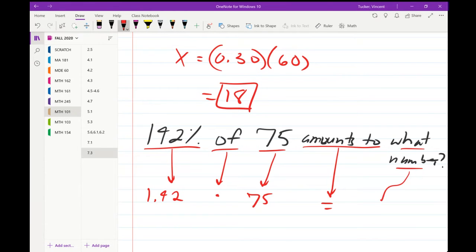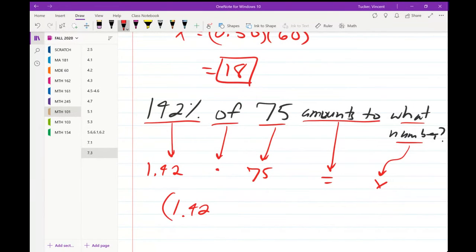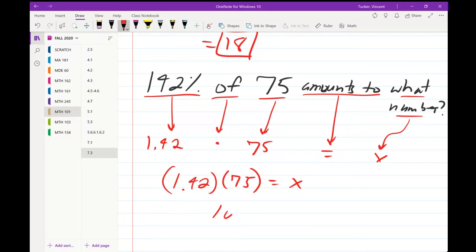And then "what number" is just your variable. Multiply those together. X is equal to 106.5.